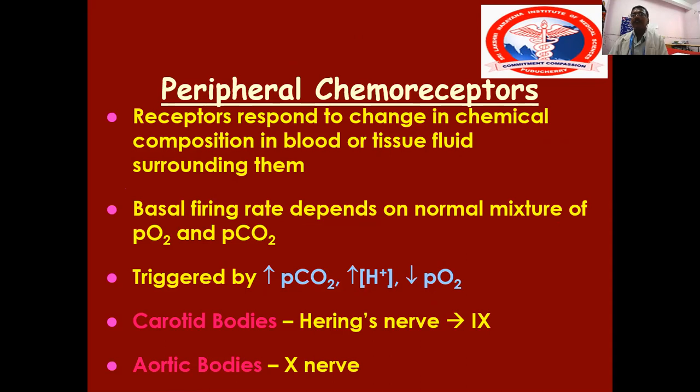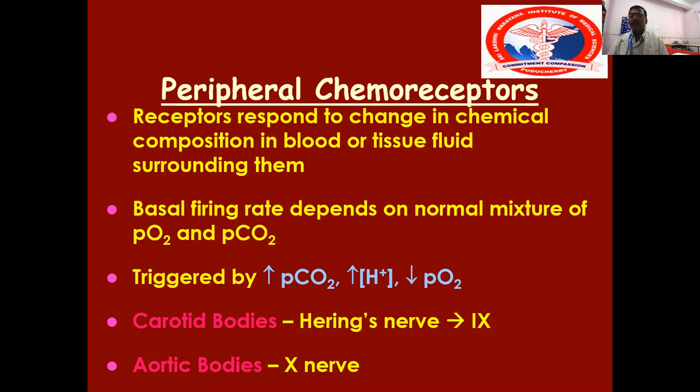The receptors respond to changes in the chemical composition of the blood or tissue fluid surrounding them. Basal firing rate depends on the normal partial pressure of oxygen as well as the partial pressure of carbon dioxide. So the respiratory center peripheral chemoreceptors are triggered by increased partial pressure of carbon dioxide and increased hydrogen ion concentration, and at the same time decreased partial pressure of oxygen.